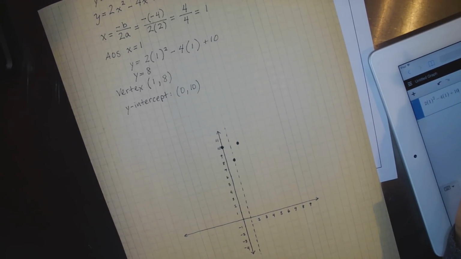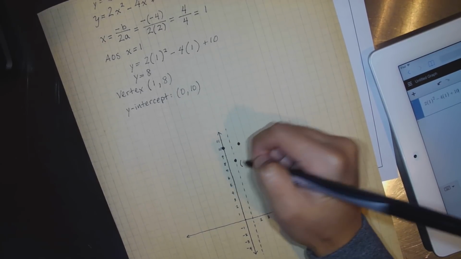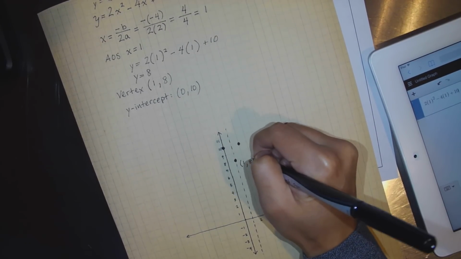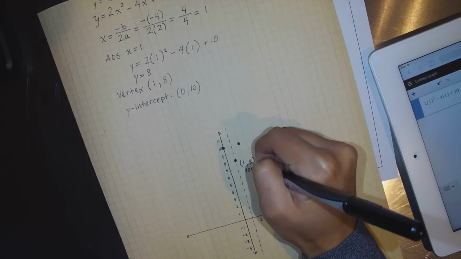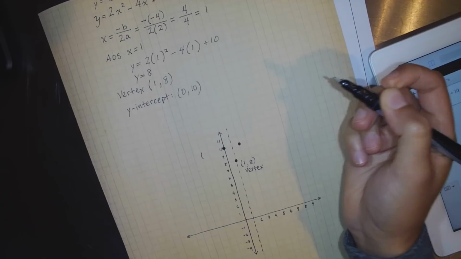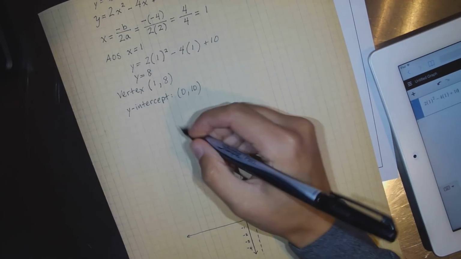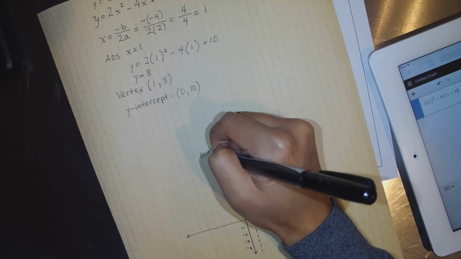Okay, so for graphing, I want to label these points. This point, we just said our vertex is 1, comma 8. This point is our y-intercept, one of the other 2 points we need to find to graph a parabola. So this is 0, comma 10.